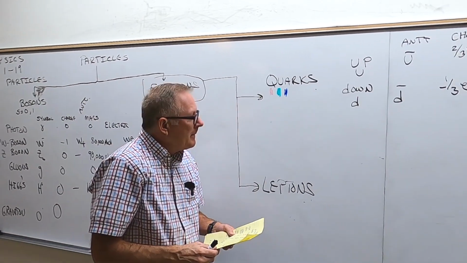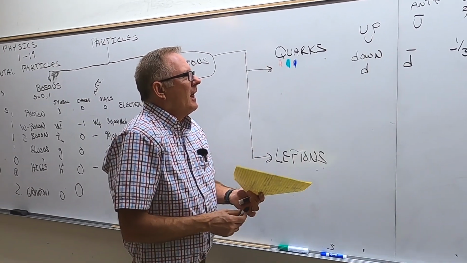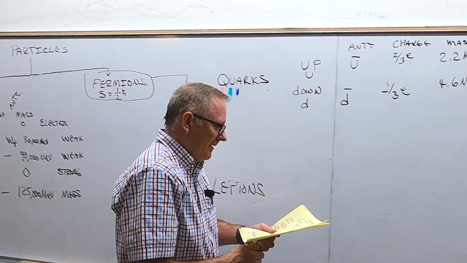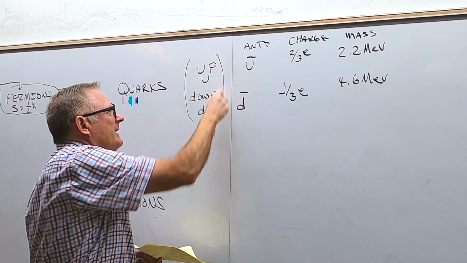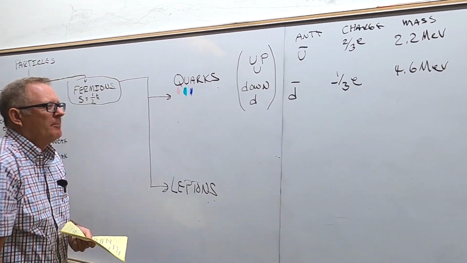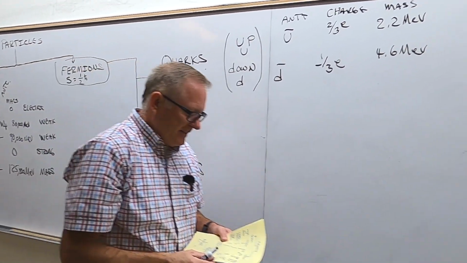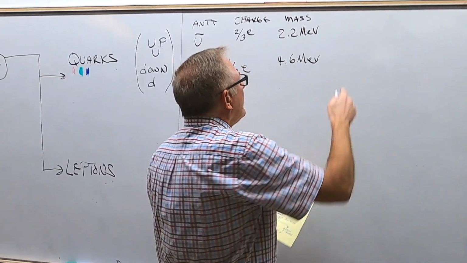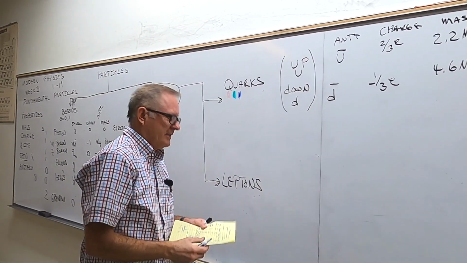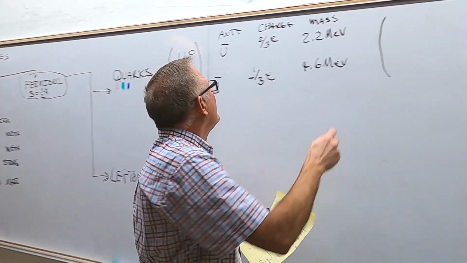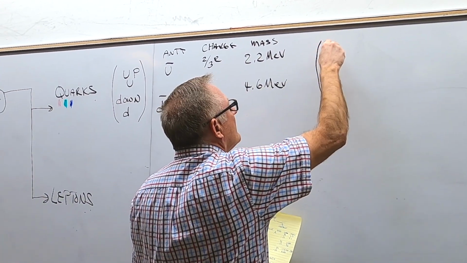Okay. Now, there's going to be another one that looks kind of like, here was my up and my down. They kind of go together right there, up and down. But in the late 60s, early 70s, they found another group that kind of goes together. One of them they called C for charm.